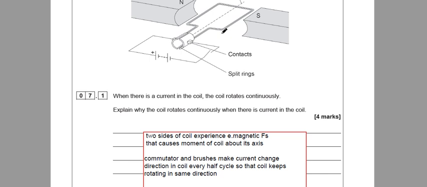So if it is A, B, C, D, the current first enters in this side DC and goes out from BC, but after half a cycle, when the coil becomes A, B on the left and DC on the right, the current flows from the AB side to the CD side, which means the current is reversing inside the coil.